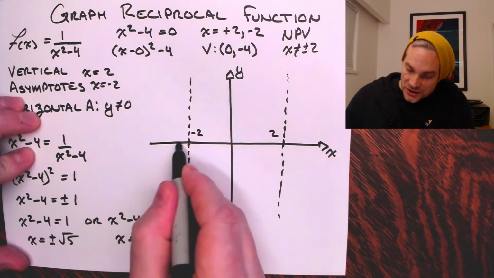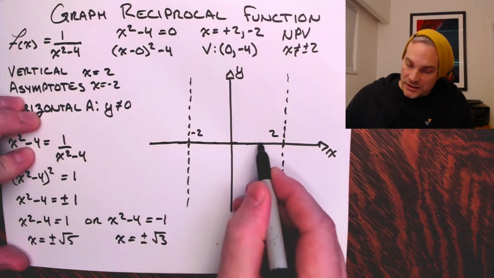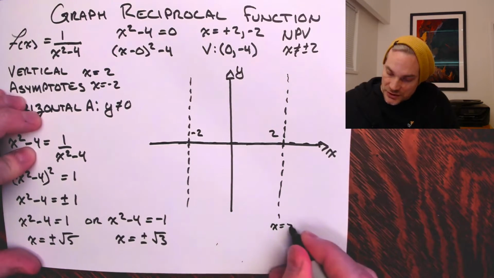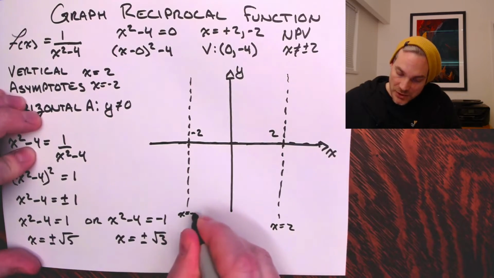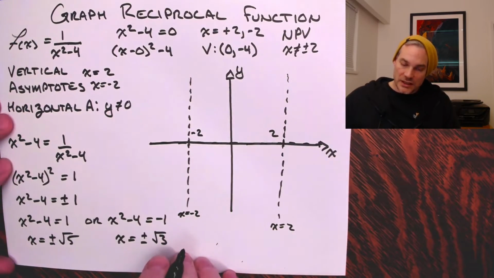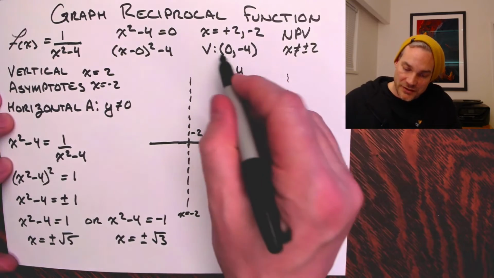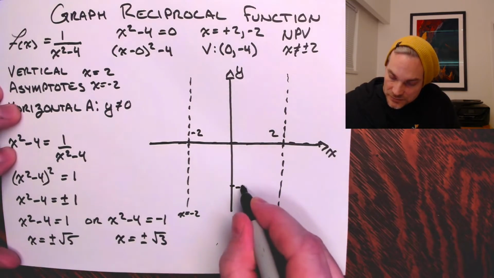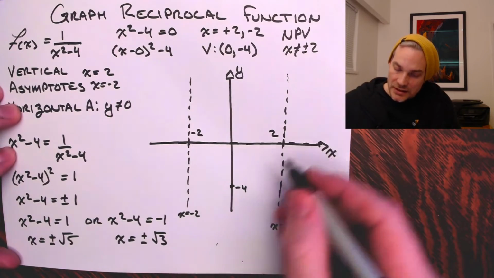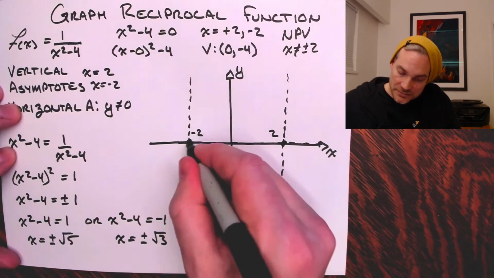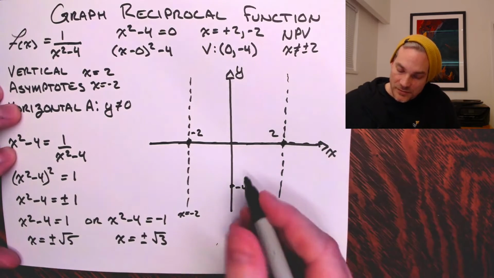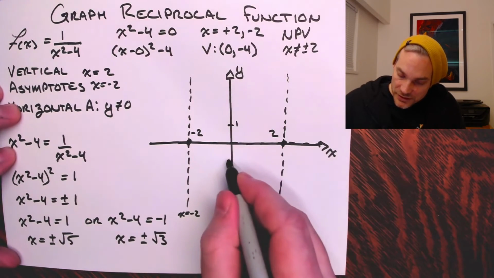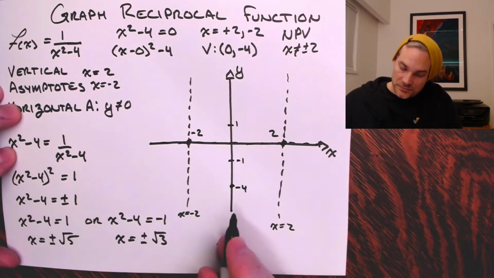We also have a horizontal asymptote right on y equals 0. Now, I want to find the vertex of this parabola. That's going to be at minus 4. And these are my roots of the parabola. And now I have the invariant points, which are 1 above and 1 below.